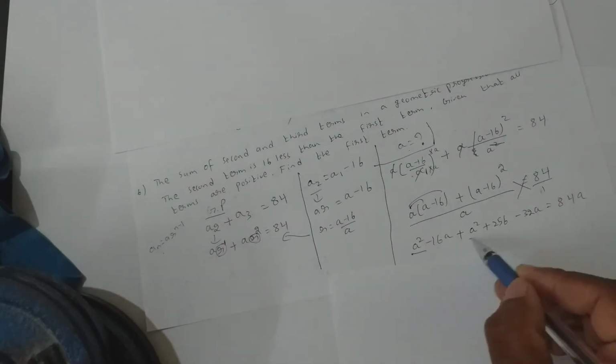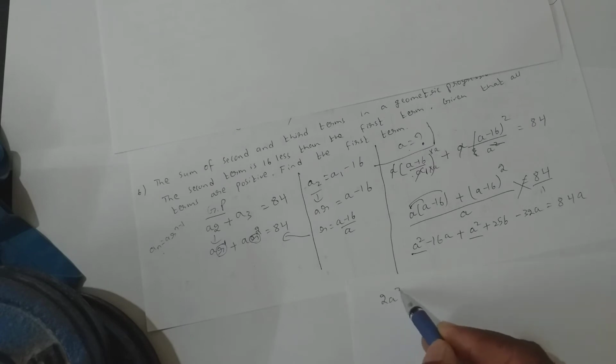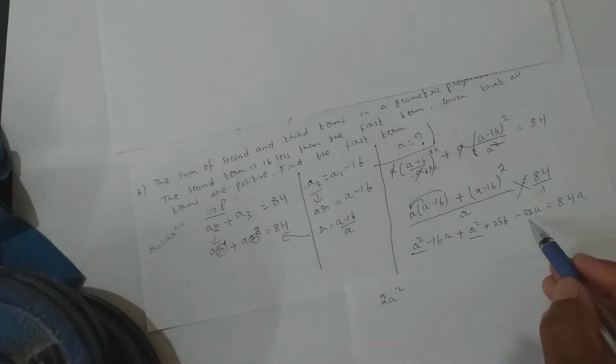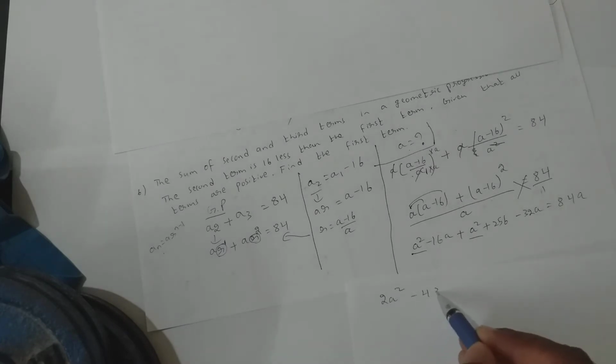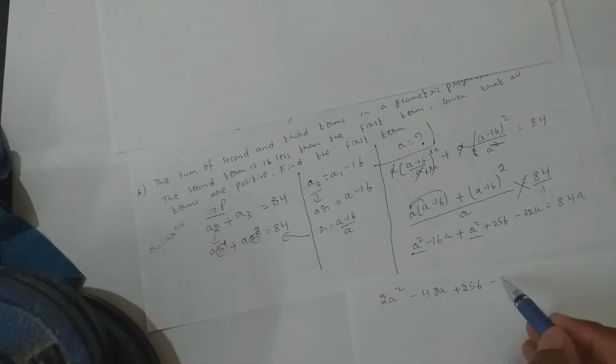A square plus A square is 2A square, minus 32A minus 48A plus 256. Bring 84A this side, minus 84A equal to 0. So now it is 2A square minus 48A minus 84A will give me 132A, plus 256 equal to 0.